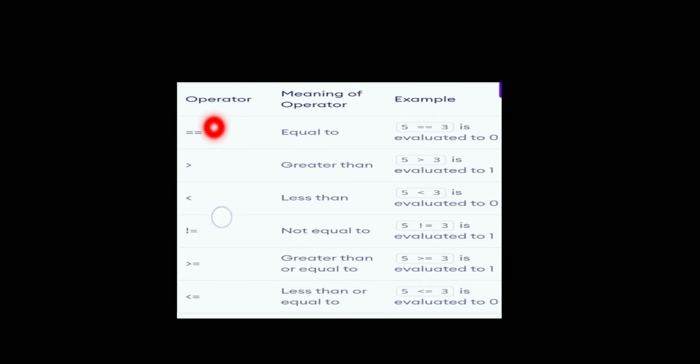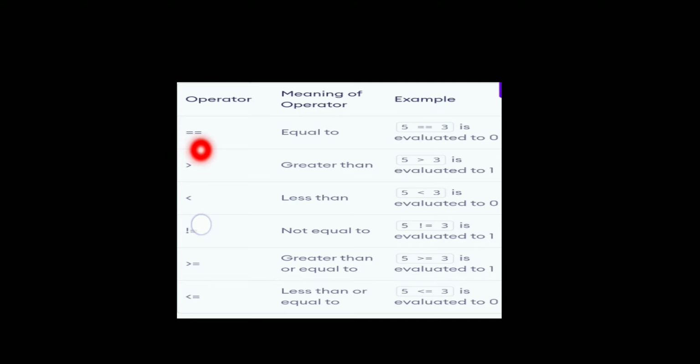Here some operators are there. The first column is operators, the second one is the meaning of the operators, and then an example of the relational operators. First is equal to.